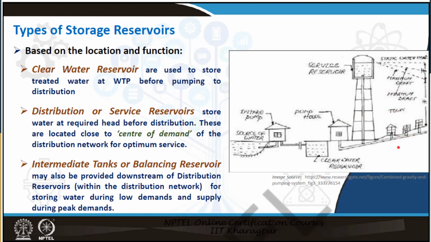And suppose the reservoir is not able to provide water at a high demand period, then the water from this storage reservoir, the intermediate tank or balancing reservoir, can be used. So these are the three types of reservoirs based on the location and function.